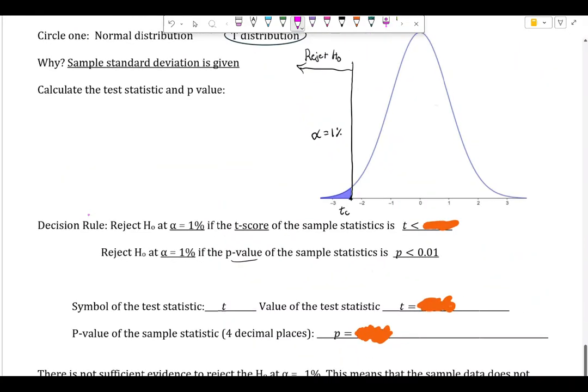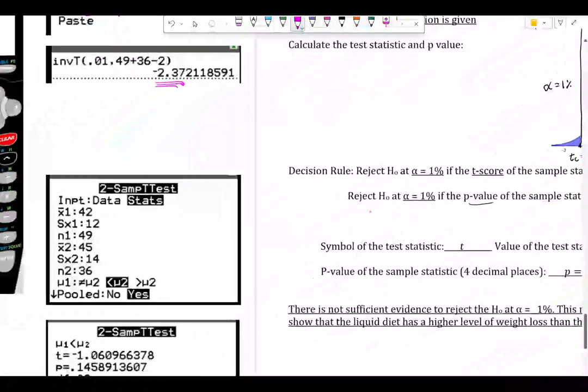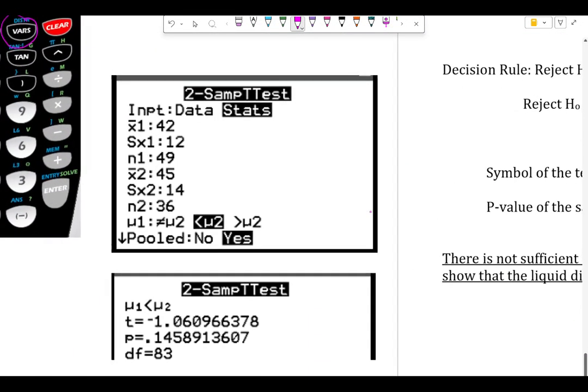So we will reject the null hypothesis at alpha equals 1% if the t-score of the sample statistic is less than negative 2.37. So we just need to grab our calculators, type in all the information, and figure out what our t-score is. So we can use that table from earlier. Hopefully you've been following along and writing this down on your own.